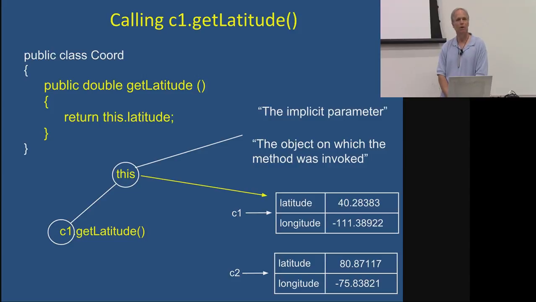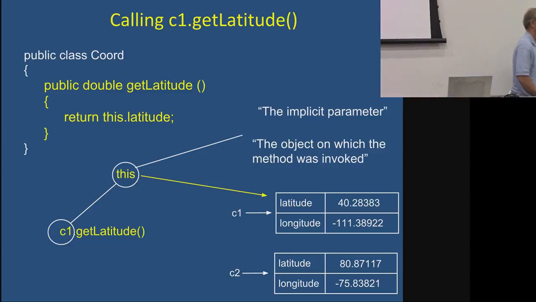And this object is the object on which the method was invoked. So since we're calling getLatitude on C1, what's this method going to return? Yeah? 40.28383. Because that's the latitude that belongs to the object on which the method was invoked.